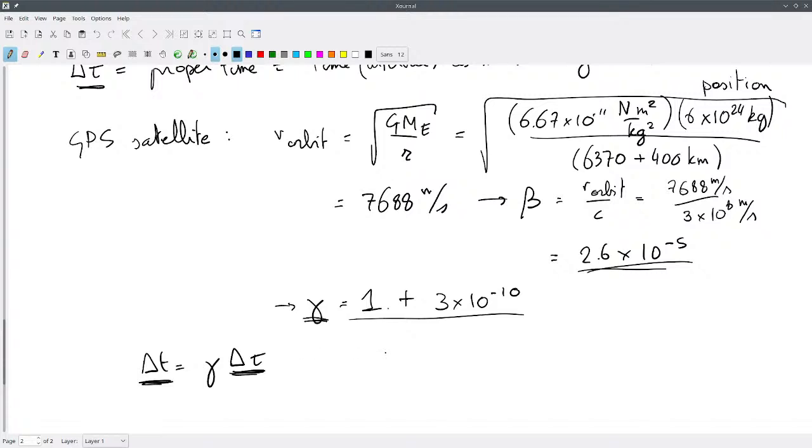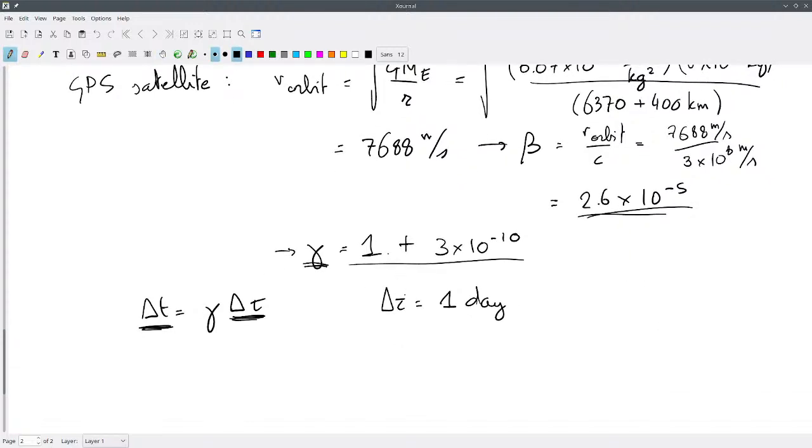Now, if you look at a time interval delta t of 1 day, that will result in a change. Delta t will be equal to delta tau plus about 26 microseconds. That's how much larger the day is as measured on Earth compared to the day measured by a GPS satellite. And why does that matter?